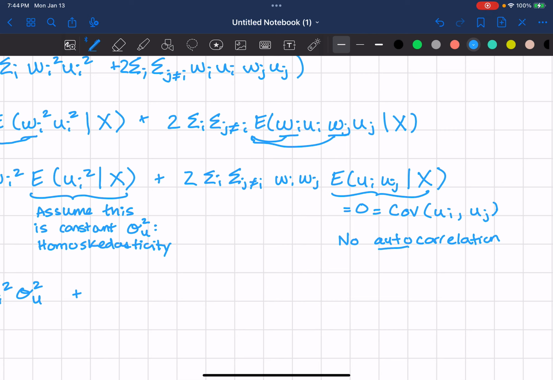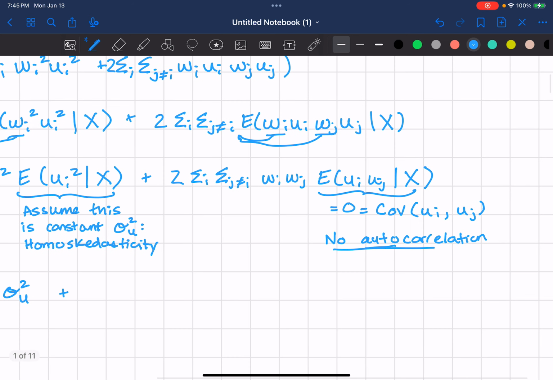Auto is a prefix for self. So when a variable is autocorrelated, it means it's correlated with itself. You'll see that a lot of times with time series data, so you want to be careful about this assumption with time series data. But for cross-sectional data, this is a given, because you're thinking about each observation being random sampling.